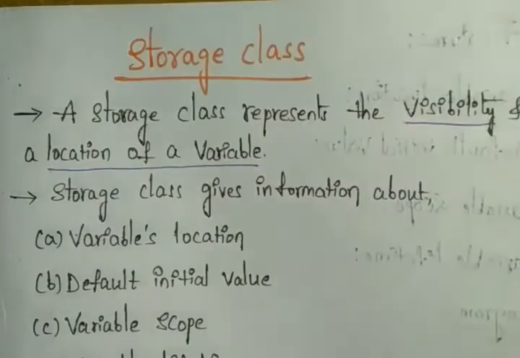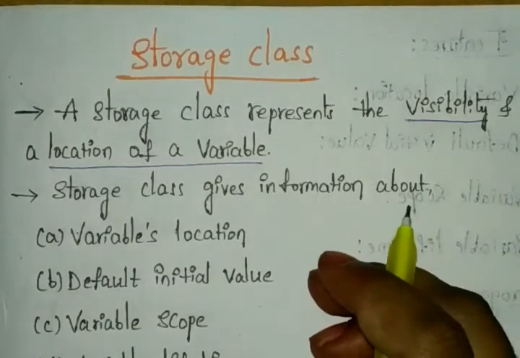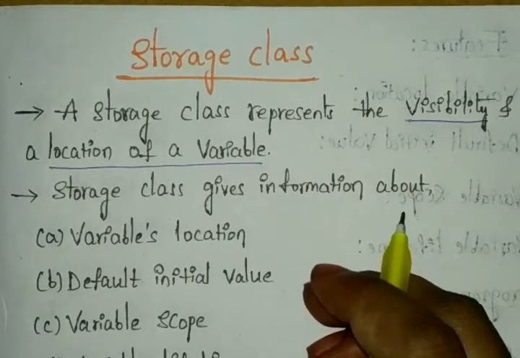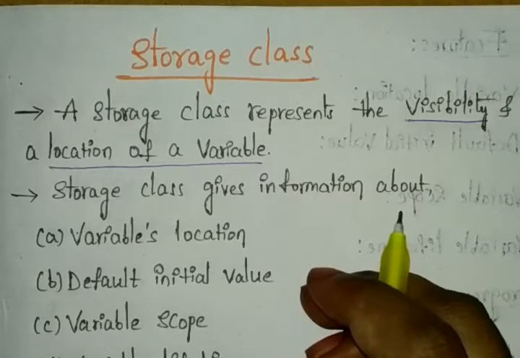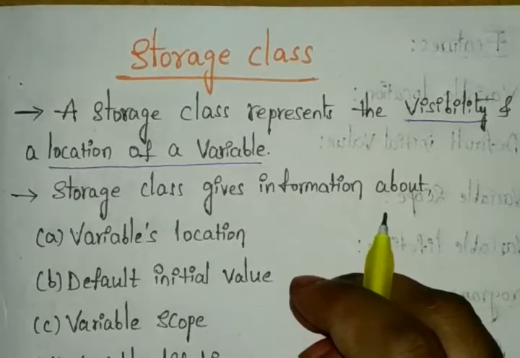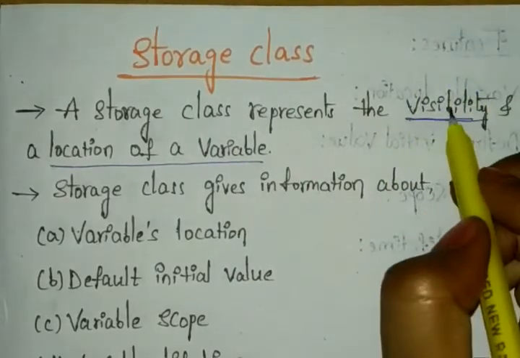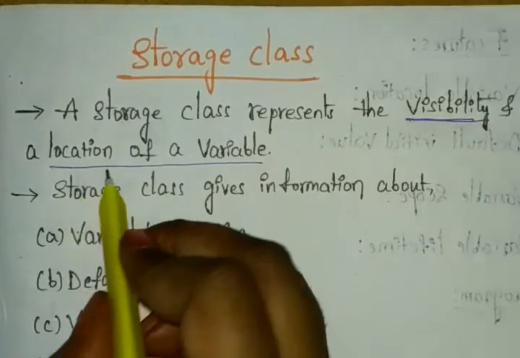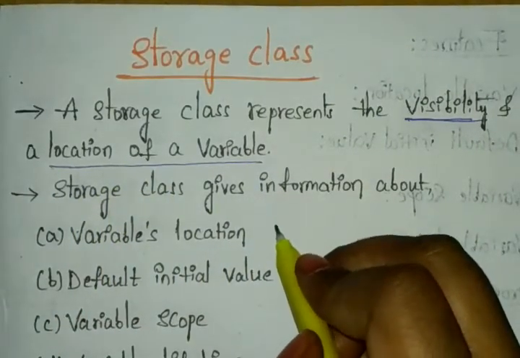Normally, if you define a data type like integer, by that you can use integer values only, like 1 2 3. But by using storage classes we can display the visibility, and also give the variable location.